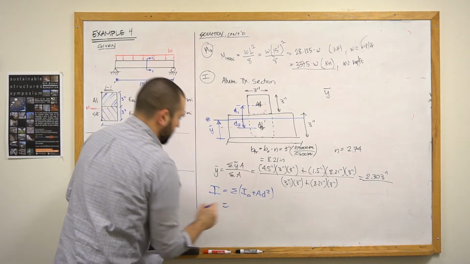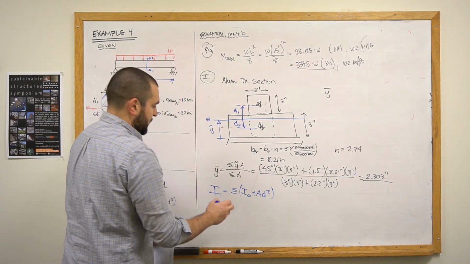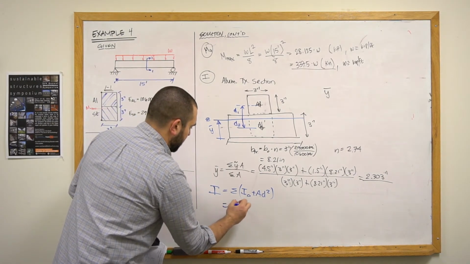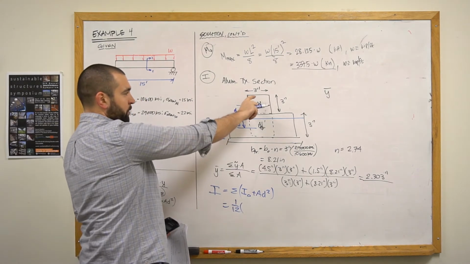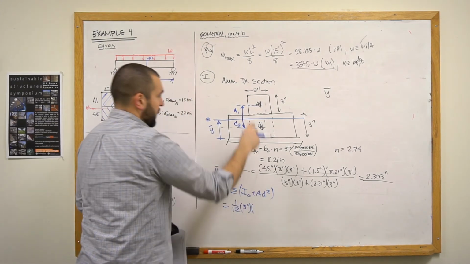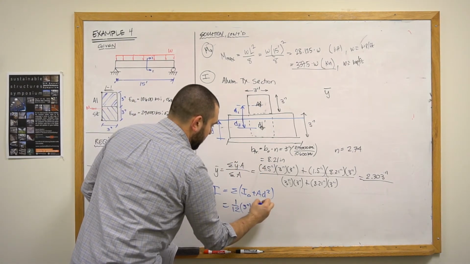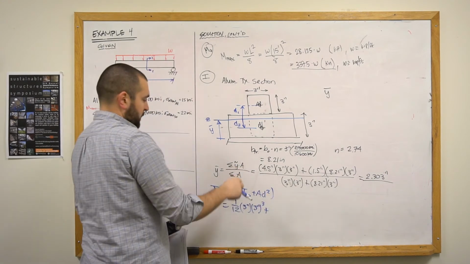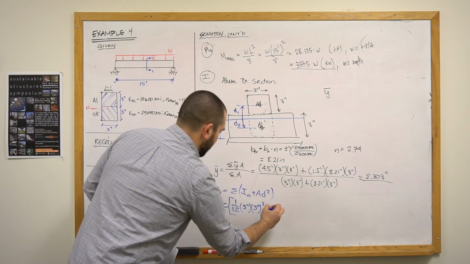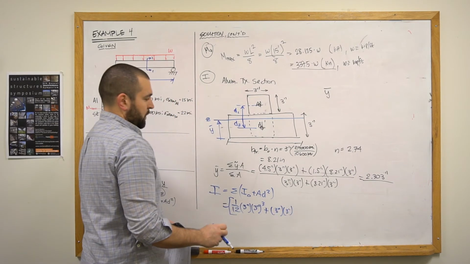And so if we were to do that here, I'm going to get 1/12, let's do the top one first, 1/12 the width, which is 3 inches, times the height, which is also 3 inches. That'll be cubed. And now the area is 3 inches times 3 inches.